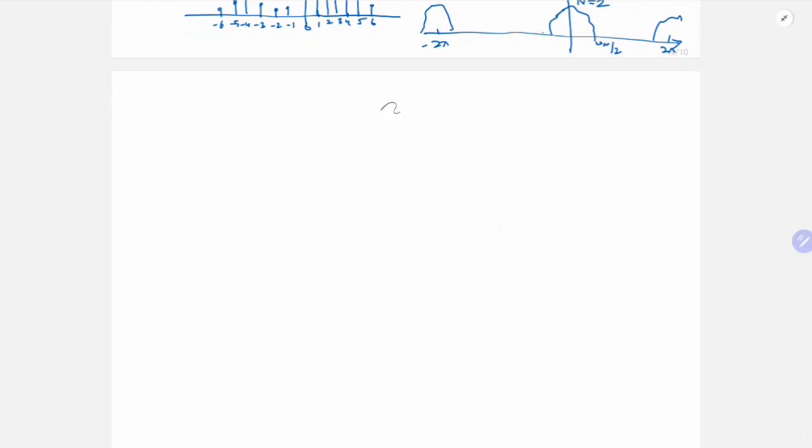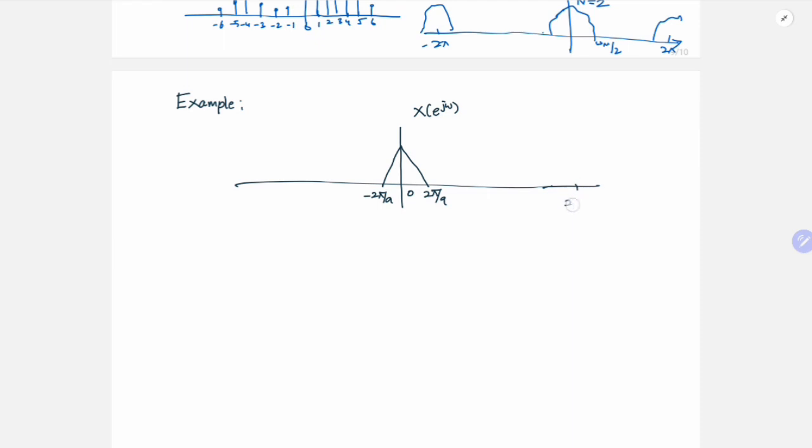So let's say my example, let's say my x of e per j omega is something like this. And this is between 2 pi by 9 to minus 2 pi by 9 and 0. And it is going to repeat every 2 pi interval. Let's call this as 1. 2 pi by 9 to minus 2 pi by 9.